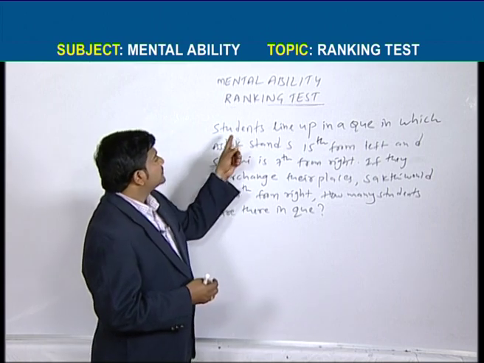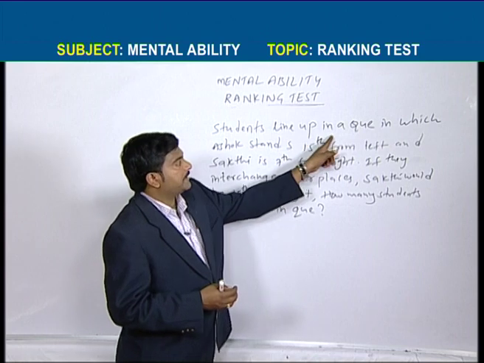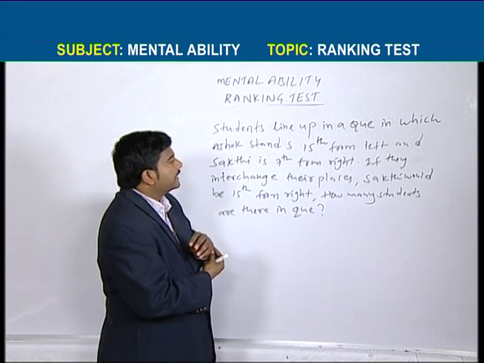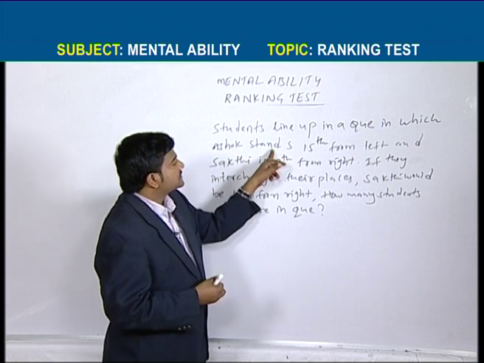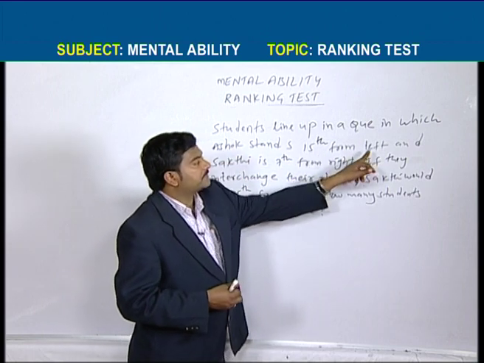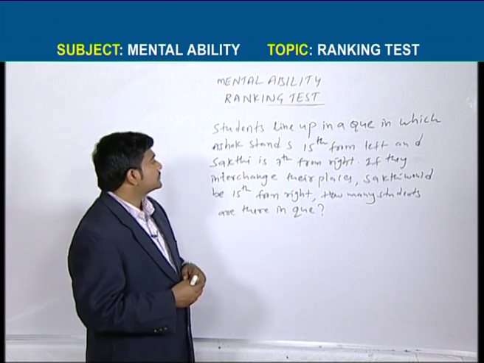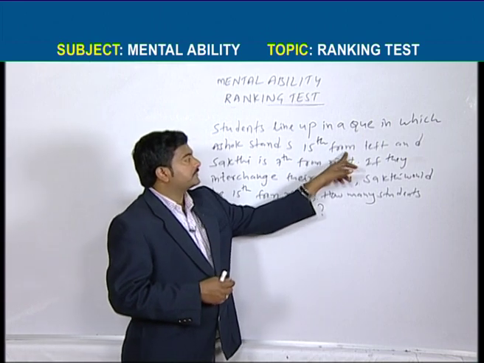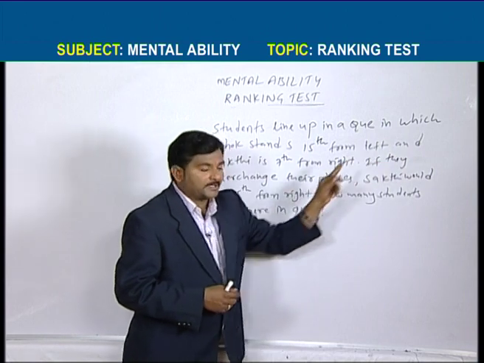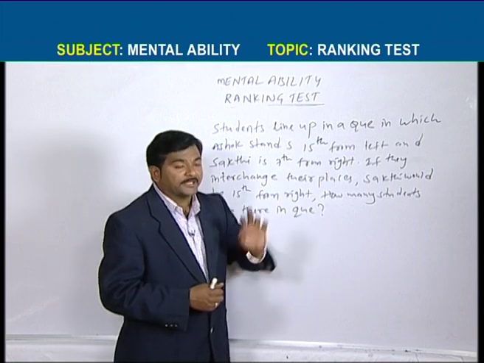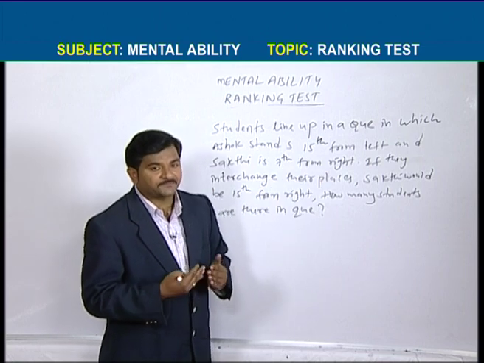Students line up in a queue in which Ashok stands 15th from the left, and Shakti is 7th from the right. The position of Ashok is given from the left, whereas Shakti is 7th from the right.